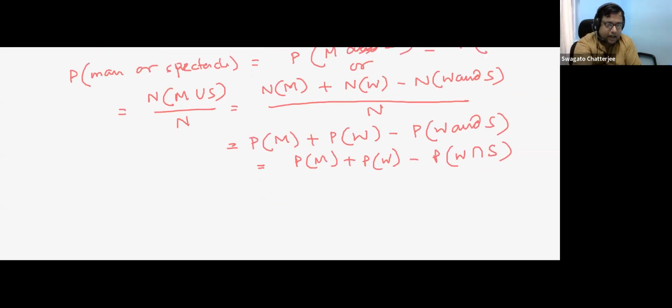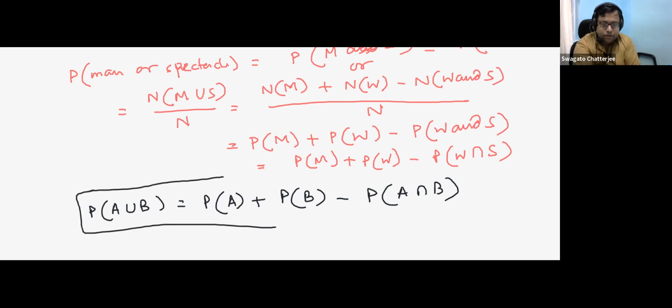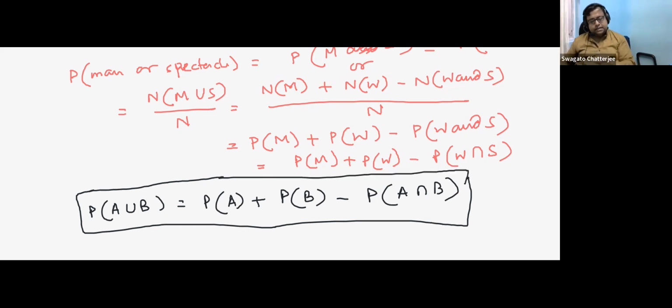So that in other words means that P of A union B is P of A plus P of B minus P of A intersection B. This is a formula that we know, but this is something that we will be using in our data science, data analytics quite a bit.